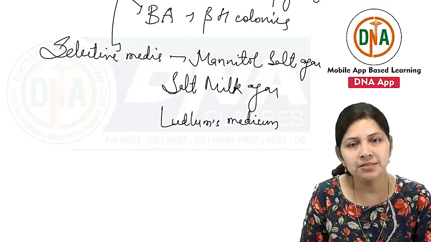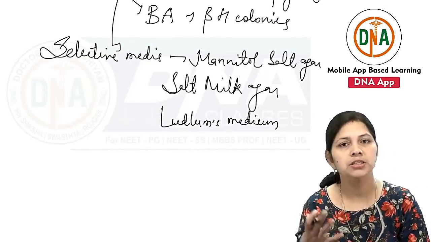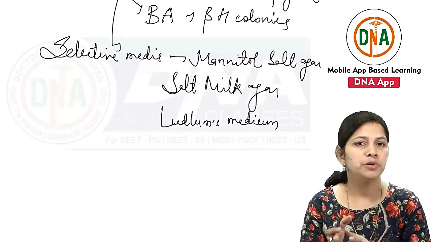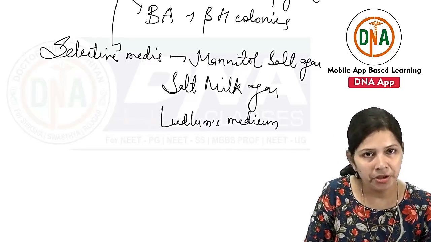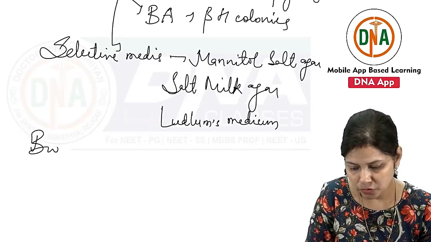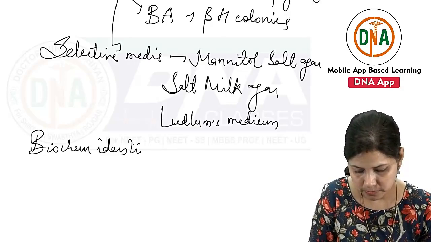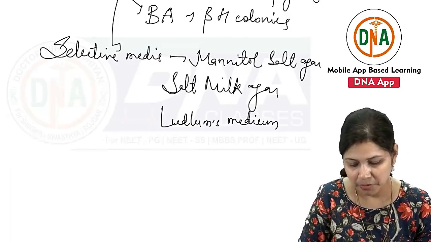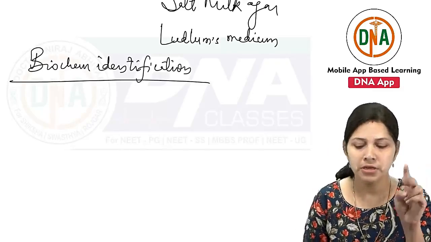And as far as confirmation is concerned, after culture and gram staining we can make a presumptive diagnosis, and it can be confirmed with biochemical identification. For biochemical identification, as far as gram-positive cocci are concerned, there are two important biochemicals.